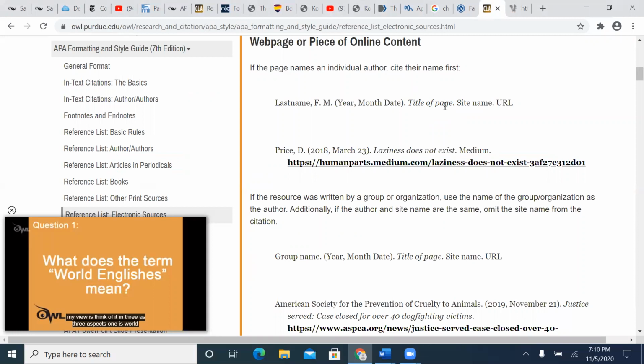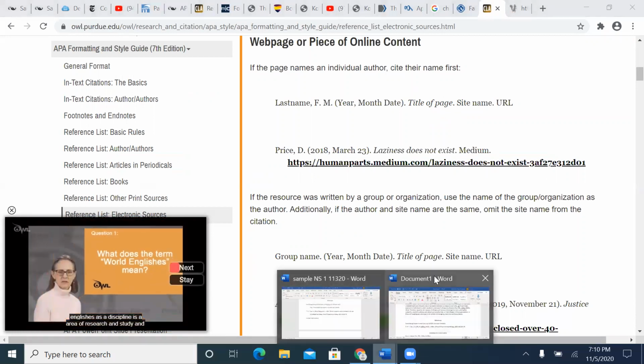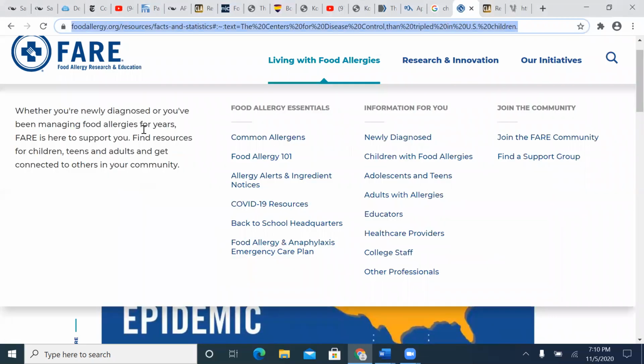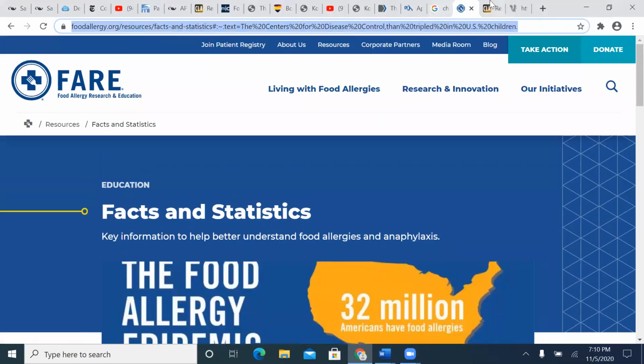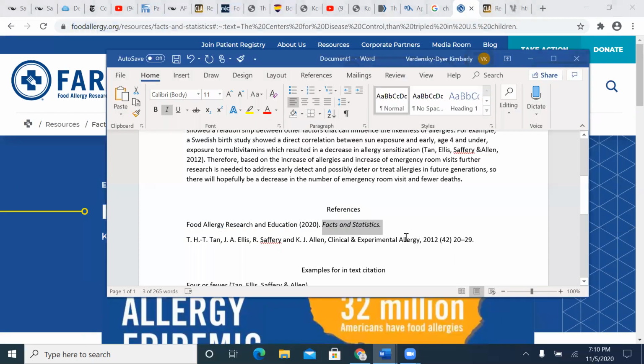That's the title of the page, so that's going to get italicized. And then I need the site name. So first, I'll go ahead and italicize this. And then my site name is FAIR. So that's easy enough for me to just go back to my document again and type in FAIR. Now the last thing that I need is the URL.